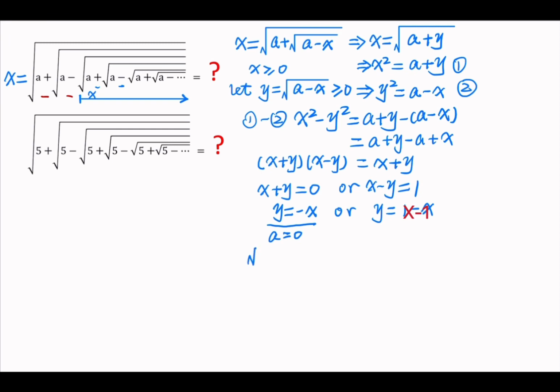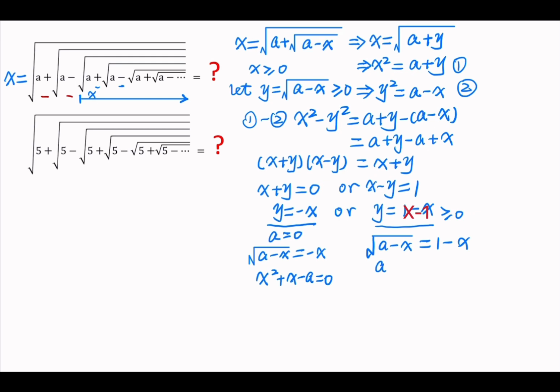The only situation where y equals negative x is when a equals 0. So in that case, y is square root a minus x equals minus x. And then we square both sides, we organize it as x squared plus x minus a equals 0. Okay, and then for the second solution, we also know y is greater than 0, so y equals square root a minus x equals 1 minus x.